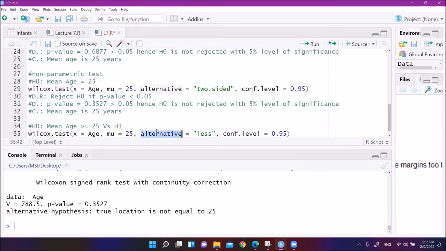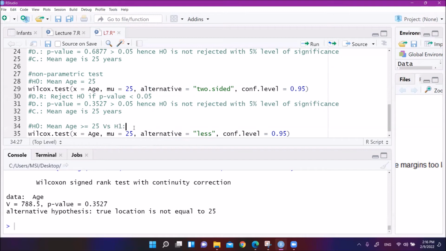Alternative is what? H1, right? Don't get confused. Just because this is the greater than sign, don't write greater here. Then it is completely wrong. Always, what we give as an argument here is the alternative hypothesis.